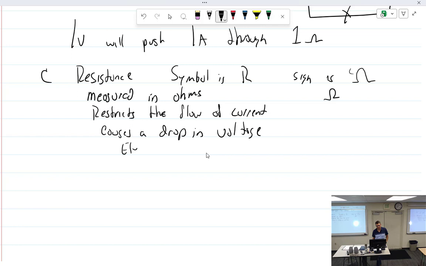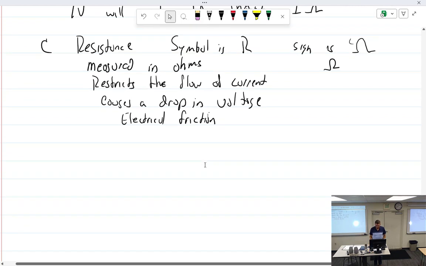Electrical friction. What does friction cause? Heat. Your little tiny resistors, they use up electricity. In what form does it use electricity? Transfers into heat energy. Just transfers it to heat energy. Those resistors get a little bit warm. Like brakes on a car. That's exactly right. That's what it does.